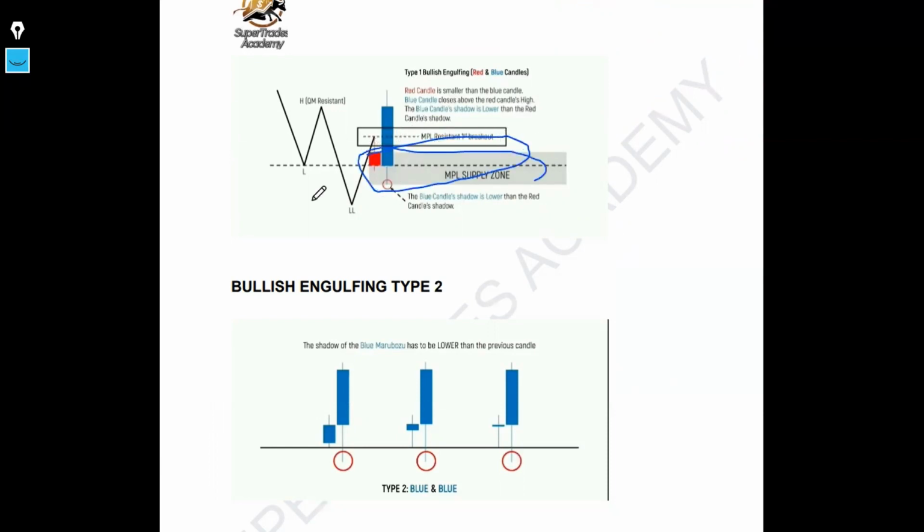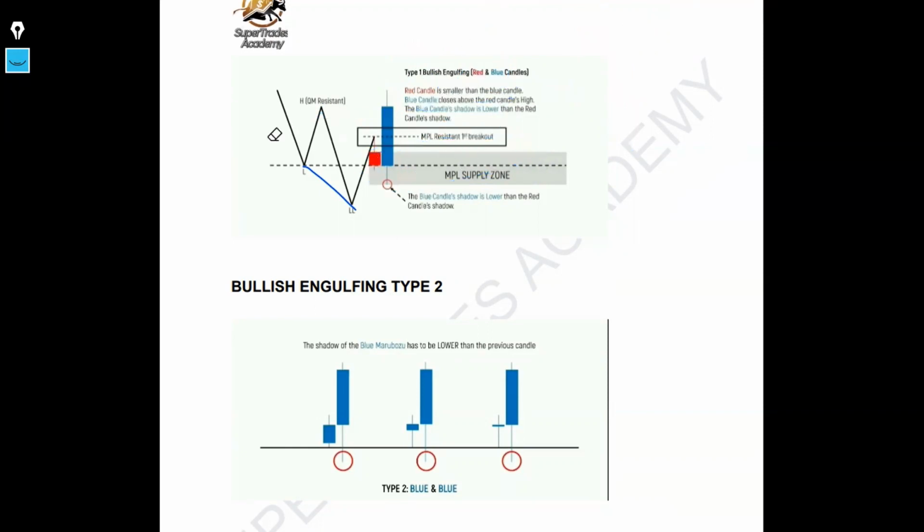Here, the maximum pain level that I was talking about, this lower low, high, consolidate, pick orders, and go. These are the zones. So the market will come back, must go back here, consolidate, pick orders, and go. This is the liquidity that must be taken out.